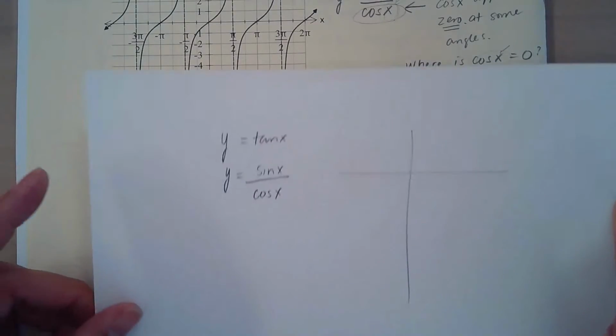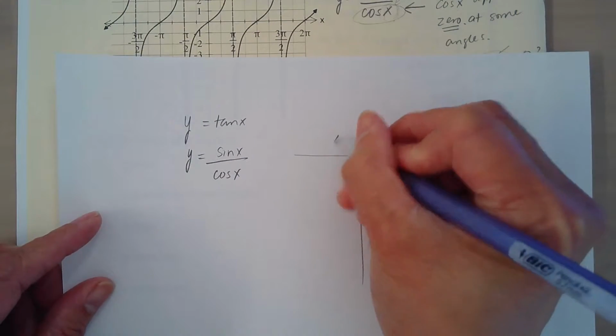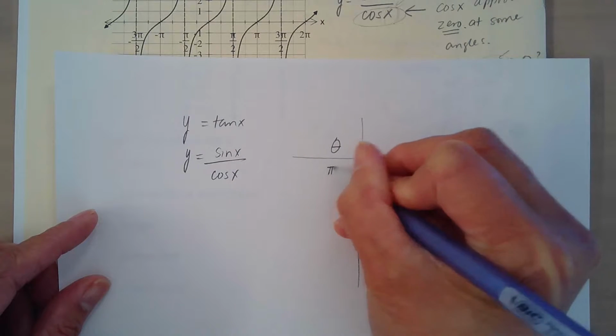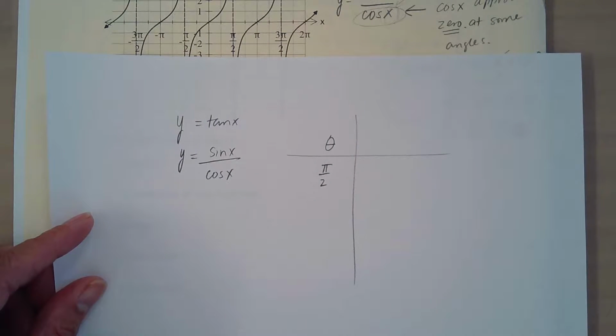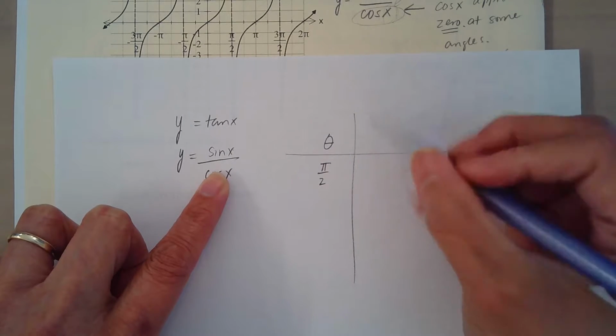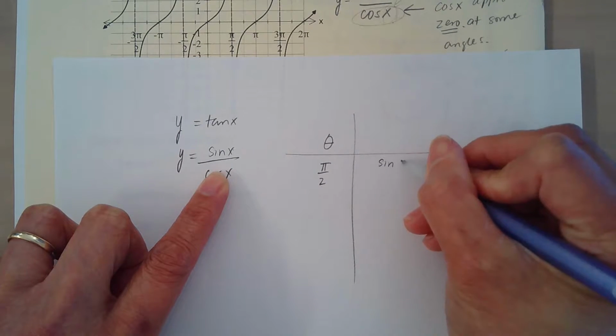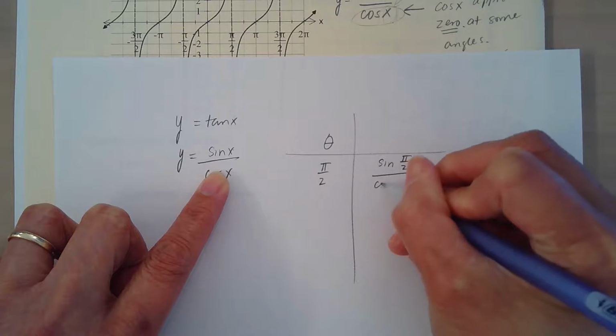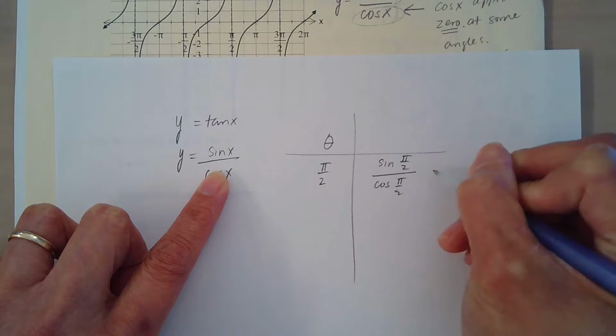Pi by 2. Okay, so if our theta is pi by 2, what's the sine of pi by 2? Sine of pi by 2 over cos of pi by 2.